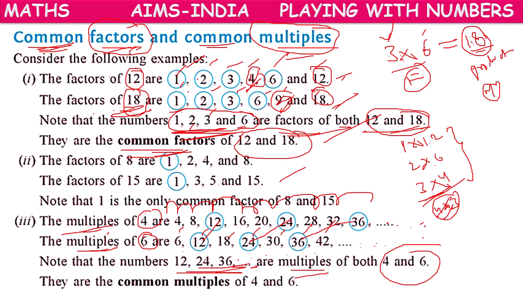If we take some more numbers, we may get more common multiples. But as per the given list, 12, 24, 36 are the multiples of 4 and 6. So these are called common multiples. Like this, we can find common factors and common multiples for two given numbers.